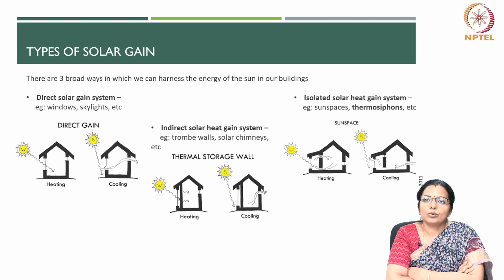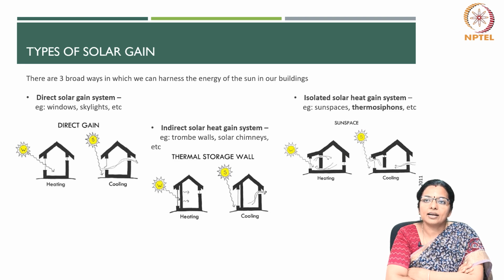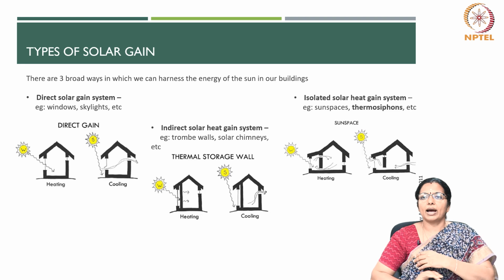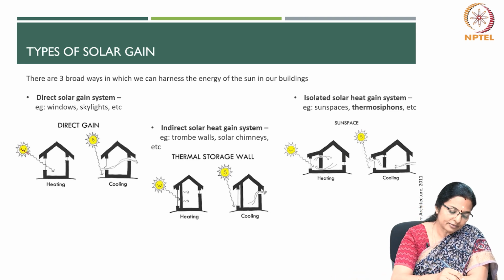So, the sun could heat the living areas directly with a direct solar gain system, where the heat in this area is re-radiated back into the space by the glass surface. So, directly heat gets radiated inside.